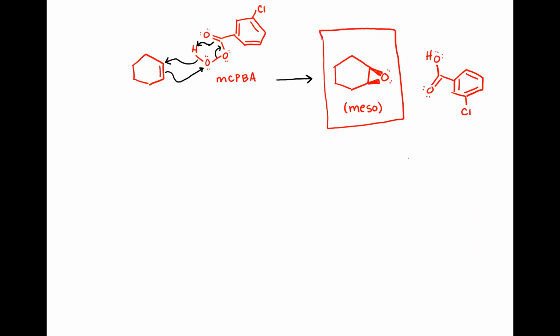And the second step utilizes acid. So we need to draw out some hydronium ion. Whenever we use acid as a reagent, typically our organic substrate will become protonated. So the oxygen of the epoxide can pick up a proton.